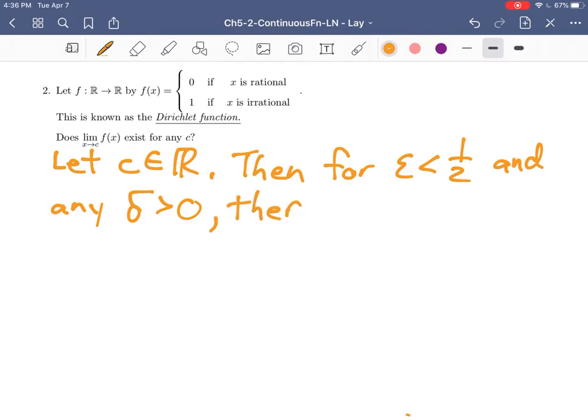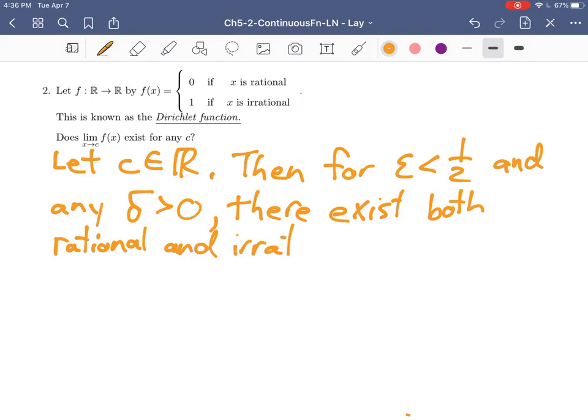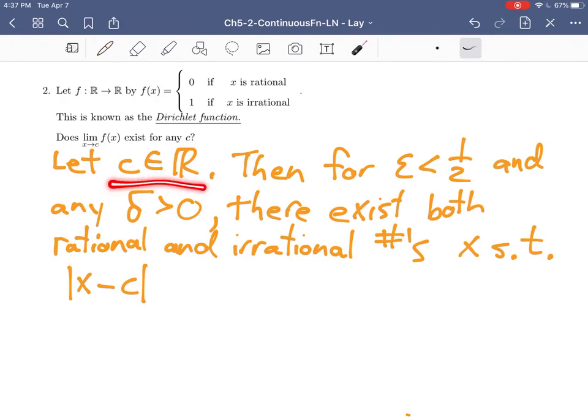Well, there exist both rational and irrational numbers x such that the distance between x and whatever this value c is up here is less than delta.